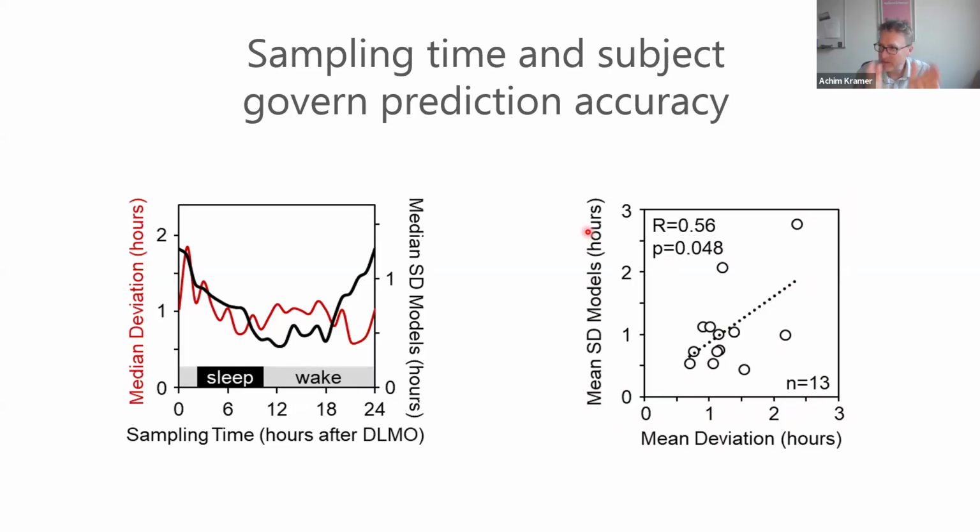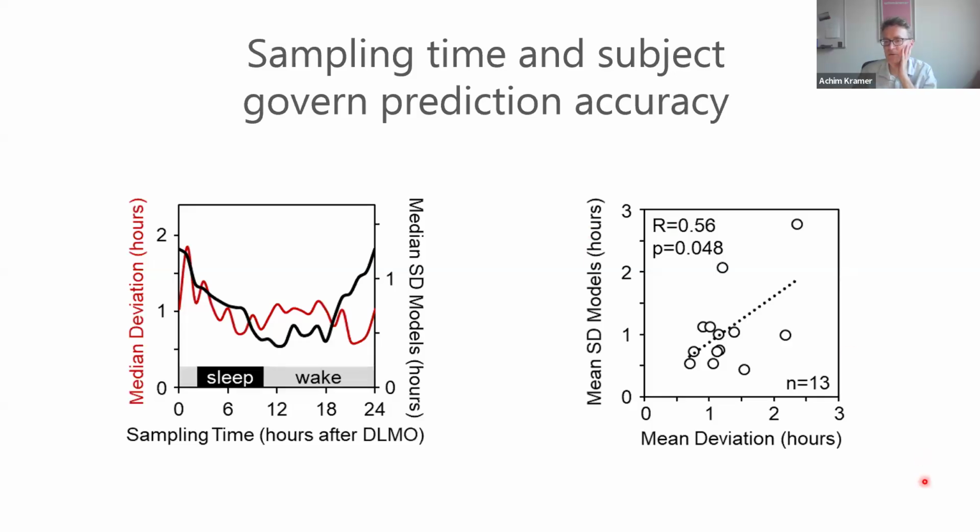Meaning, if the models cannot agree on a particular value, this is probably, and this is our hypothesis, because this person may not have a good rhythm. So if you have not a high amplitude rhythmicity, then it's very hard for these machine learning algorithms to pick the right peak phase.